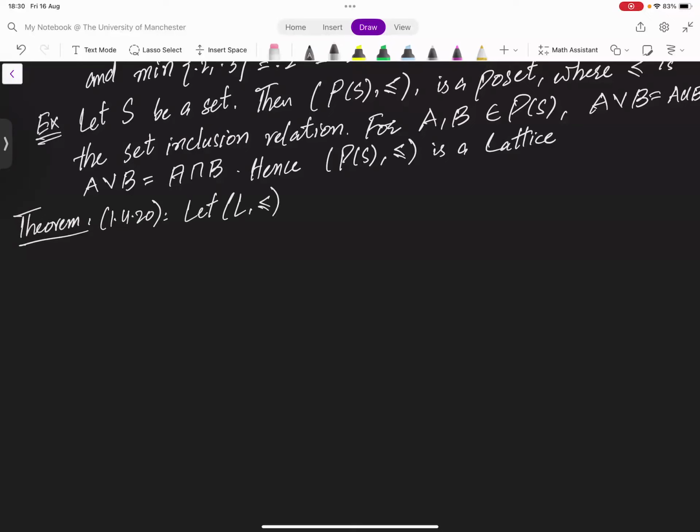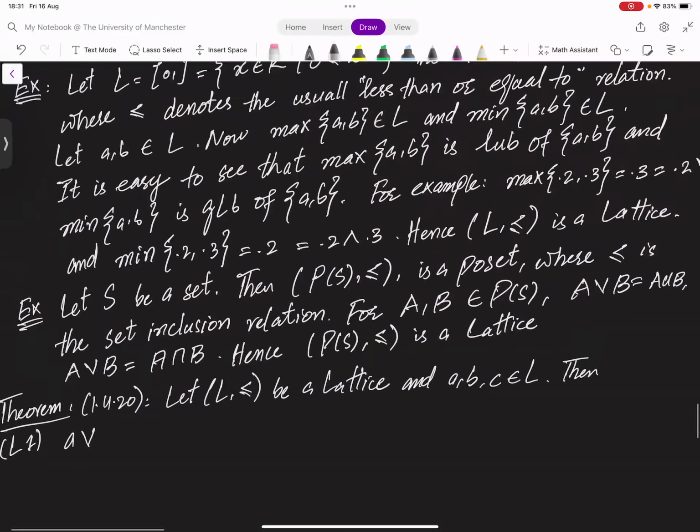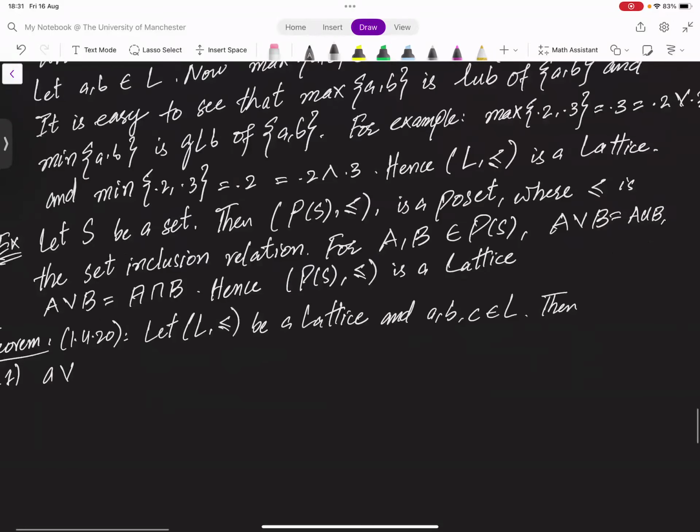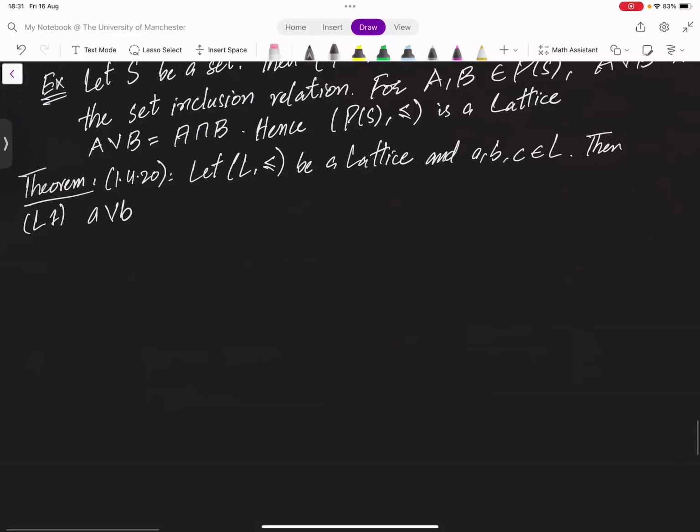Let L be a lattice, and A, B, C are in L. Then number one, or we can also write for clarity that there is L1 property, which is A least upper bound B is B least upper bound A, and A greatest lower bound B is B greatest lower bound of A, and this shows it is a commutative law.